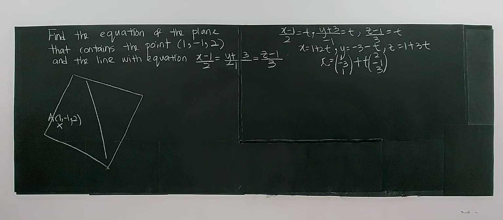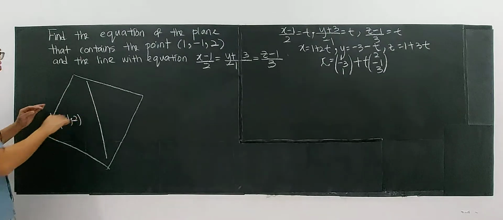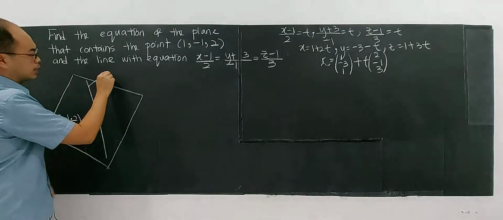So we have a line that is actually on the plane. It can be anywhere on the plane, so I just assume you draw it here.